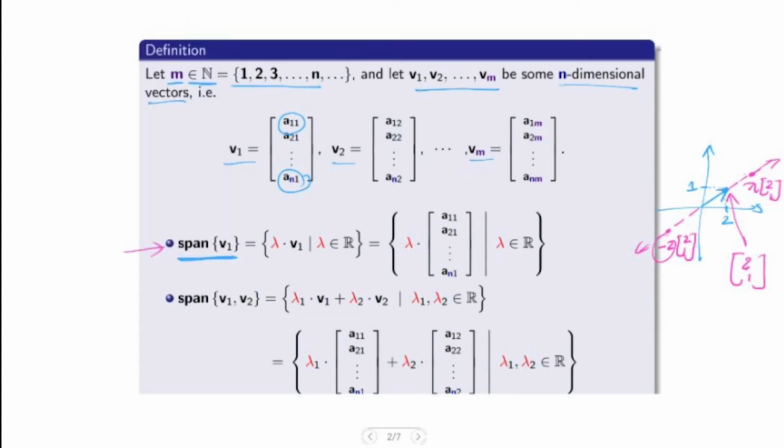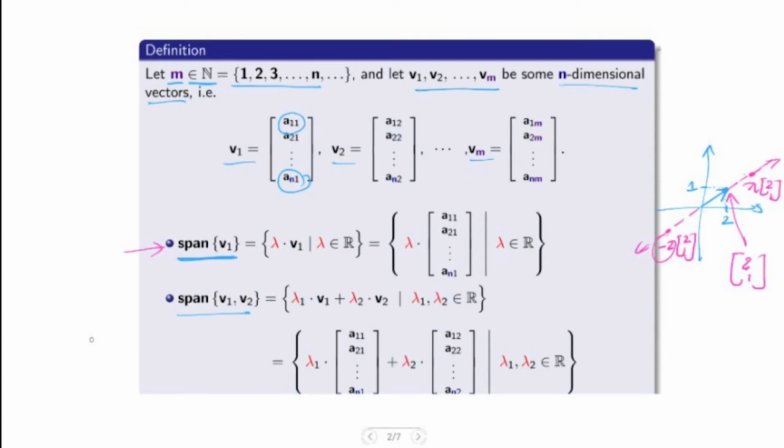That's what the first definition is saying. The second definition says something similar, which is the span of two vectors. So it would be lambda 1 times vector 1 plus lambda 2 times vector 2.